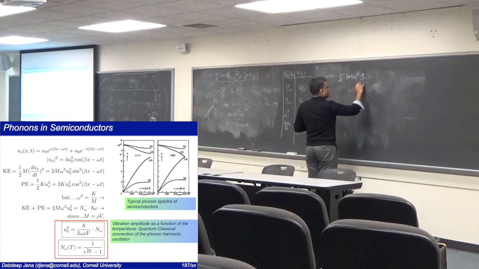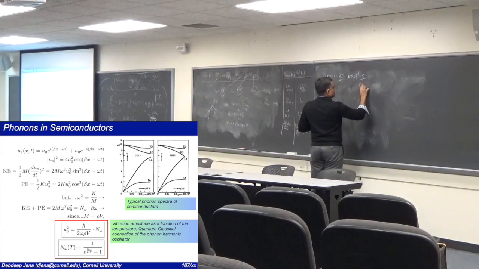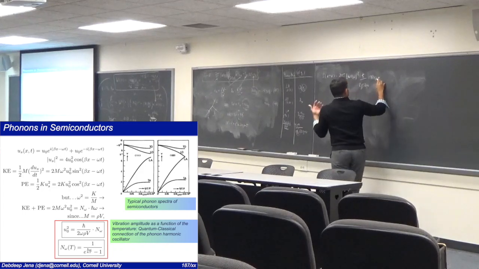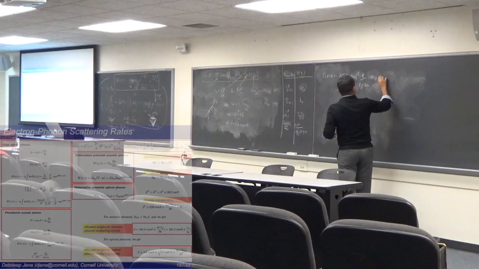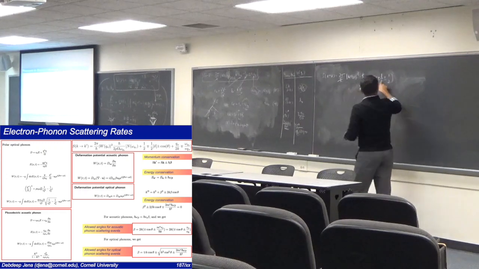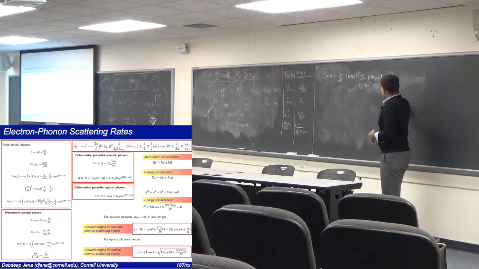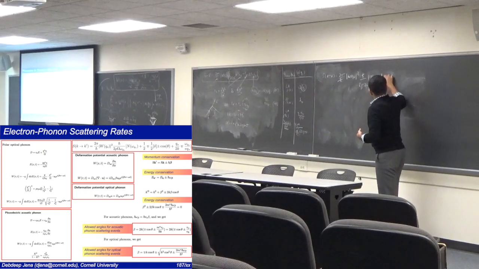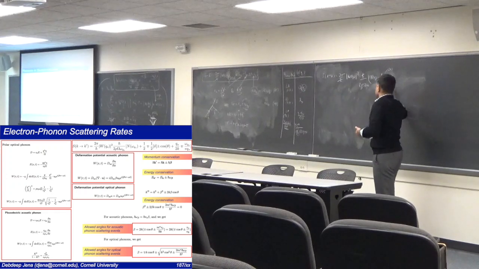So for absorption processes it's Nq, and for emission it's Nq plus 1. So we write it in this kind of crazy way, plus half, plus minus half. For absorption you choose minus plus. So absorption, emission, make sense? For absorption they just cancel out and give you Nq; for emission you get Nq plus 1. That's all there is.